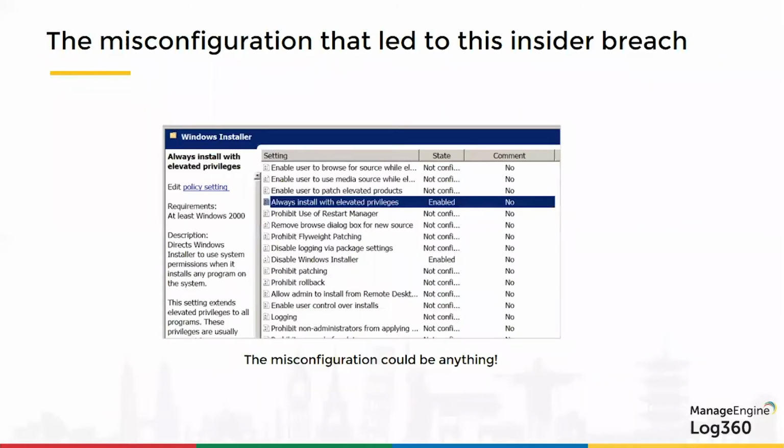And that happened because of a simple misconfiguration like we just saw, the group policy privilege that was granted to the system. Now the misconfiguration could be anything. This is just one single example right here.